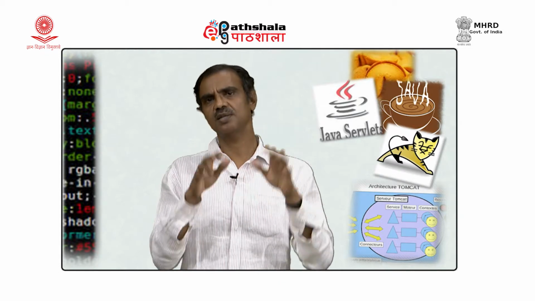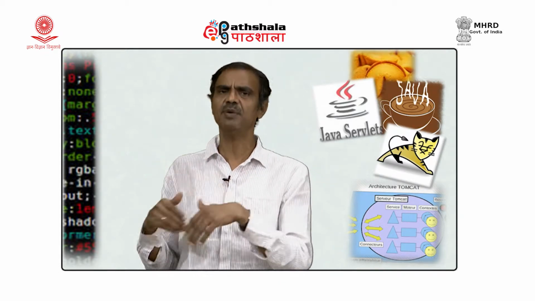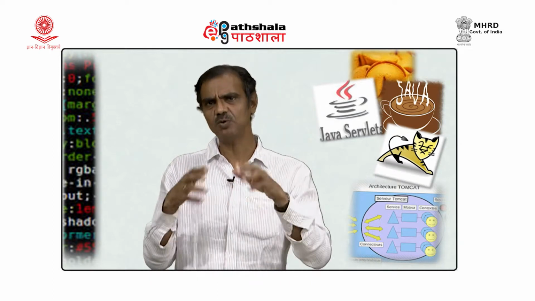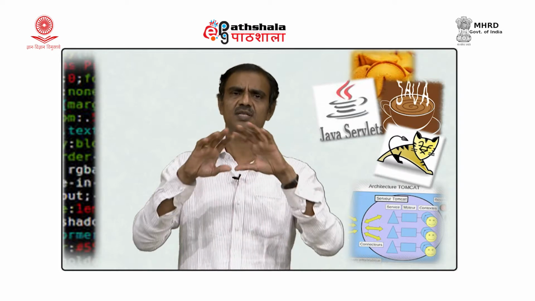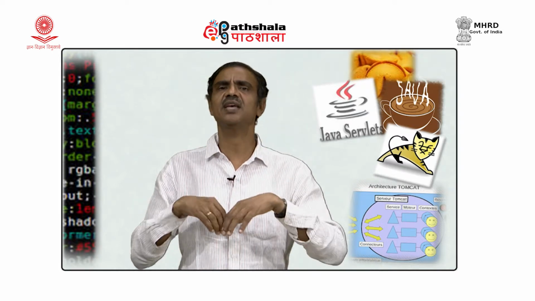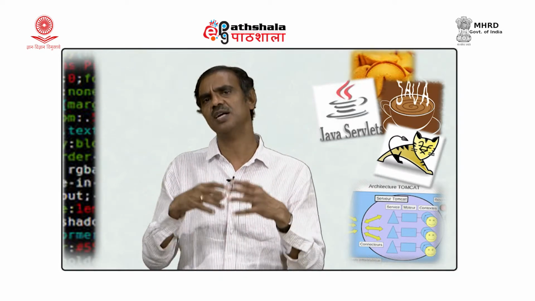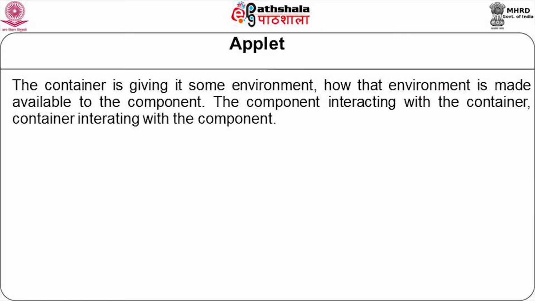So, that is the life cycle of the applet. Then the applet should be able to interact with the browser and get help from the browser to do certain things. The container is giving it an environment, and how that environment is made available to the component is covered. So, the component interacts with the container, and the container interacts with the component. Both aspects have been explained.